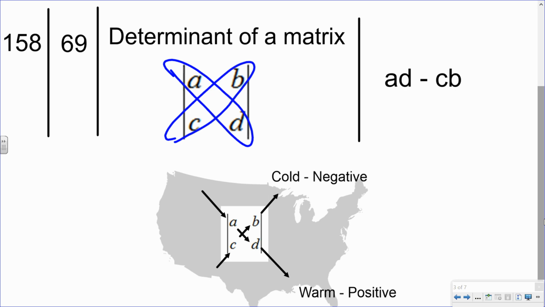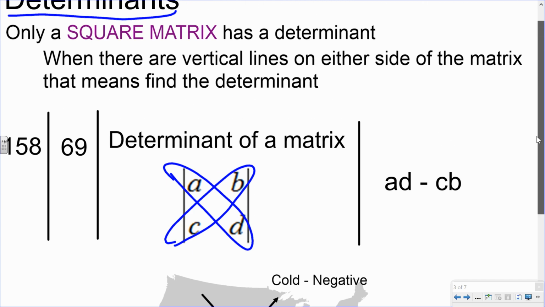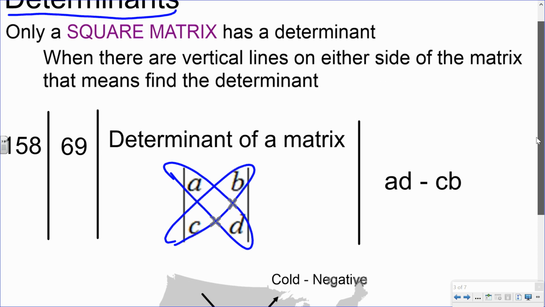So the AD one is the one that is plus. If we do the other diagonal left to right, we end up in the cold northern border, almost in Canada, or if we have it over here up in New England, where the temperature very often does hit negative numbers. So that's the one that needs the minus sign in front. So if that helps you remember it, use it. If not, if you do better just remembering this way minus the other way, do that.